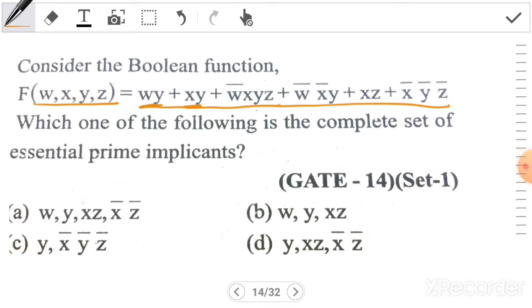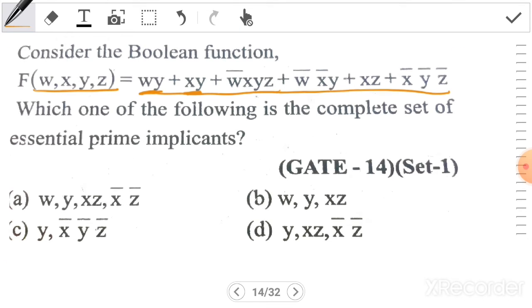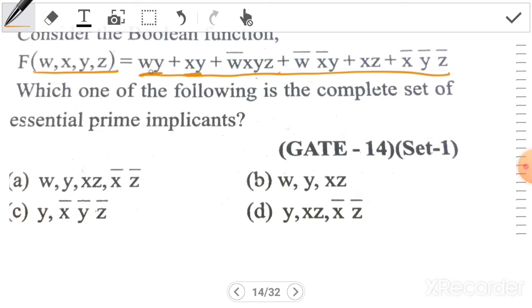So let us multiply x plus x complement and z plus z complement. Since x plus x complement is 1, z plus z complement is 1, it is not going to affect this product term. So let us multiply here, and this with w plus w complement and z plus z complement.